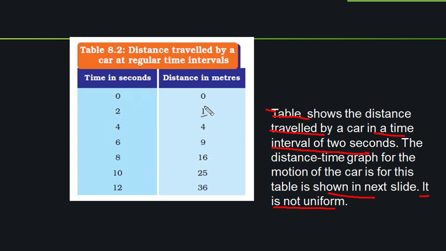Here you can see the car travels in every 2 seconds: 1 meter, 4 meter, 9 meter. So in every 2 seconds, the distances traveled are different: here is 1 meter, here is 3 meter, here is 5 meter. Now how the graph for this table looks, we'll see in the next slide.